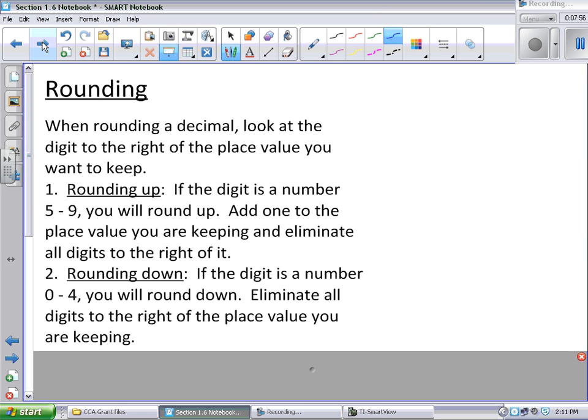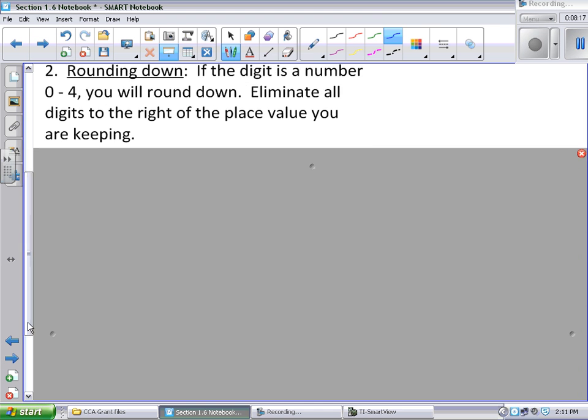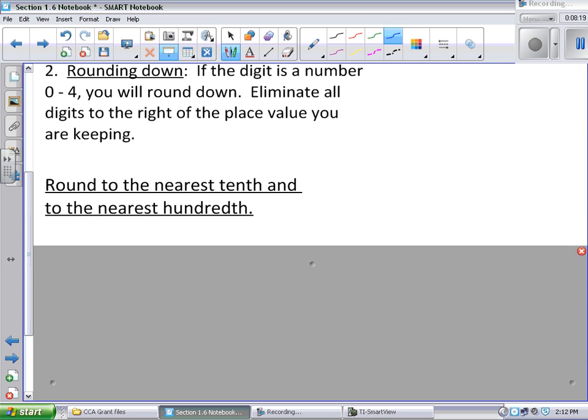You add 1 to the place value you are keeping and eliminate all the rest of the digits to the right of it. You round down if the digit is a number between 0 and 4. Eliminate all digits to the right of the place value you are keeping, and you don't change the number that you're keeping. That place value digit stays the same.